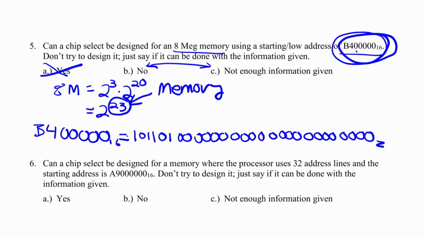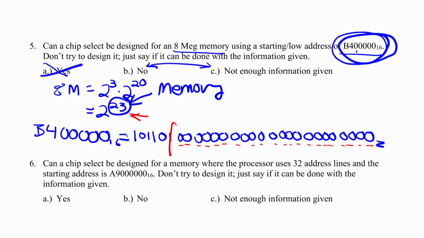Now, what does a starting address need? Well, a starting address needs to have all zeros for the bits that are going to the memory device. And by looking at 23 bits, let's see if we can count these out. 1, 2, 3, 4, 5, 6, 7, 8, 9, 10, 11, 12, 13, 14, 15, 16, 17, 18, 19, 20, 21, 22.